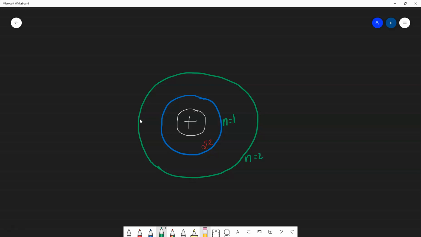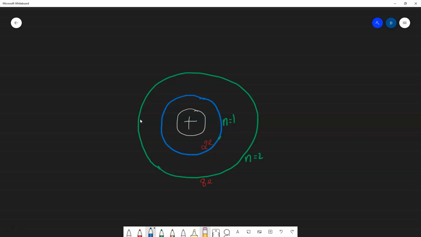Now scientists found only 2 electrons can be going in this first orbit, and if there is a second orbit, there can be 8 electrons going round the second orbit. Again, this going round is still not a valid statement, that I am going to explain in a later part of the video. But at this stage you have to understand these orbits.